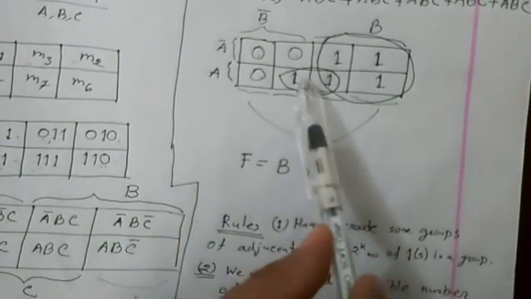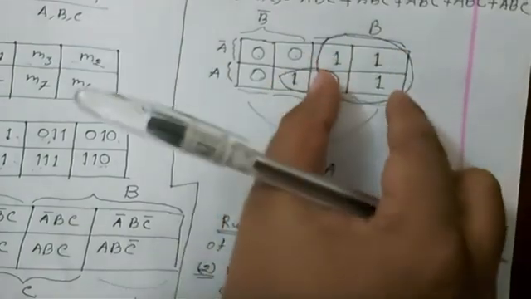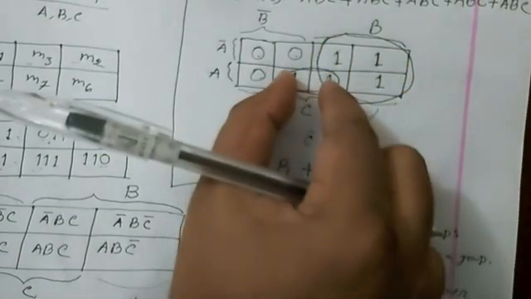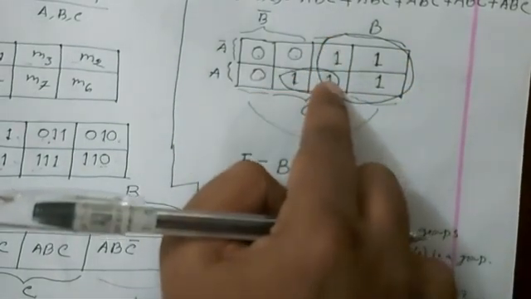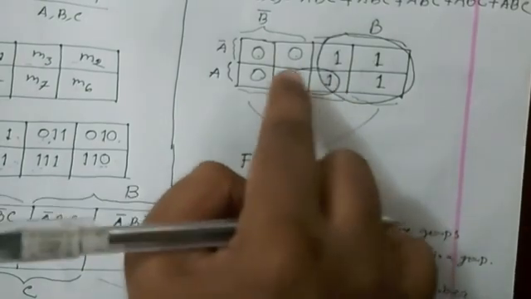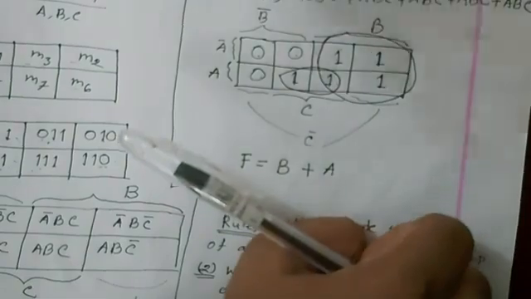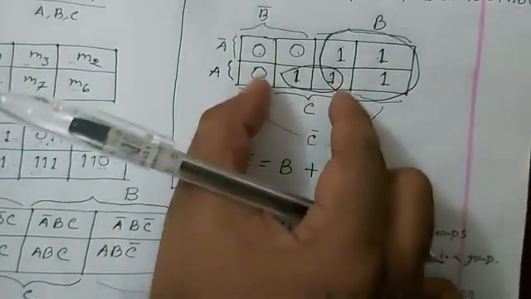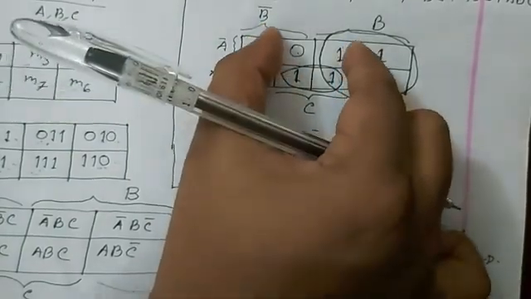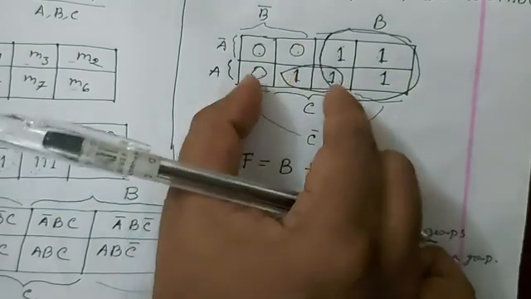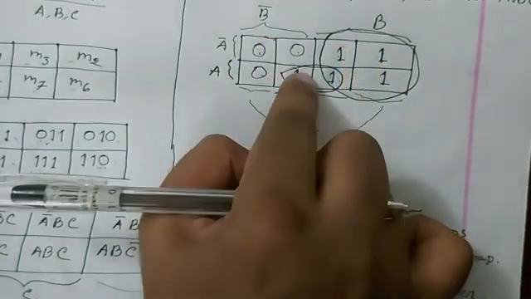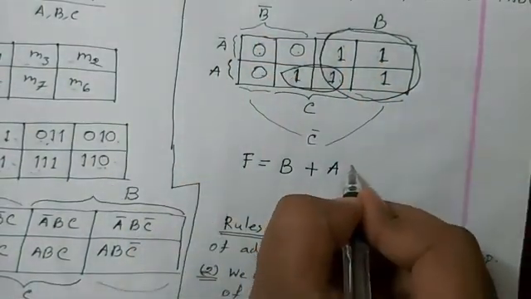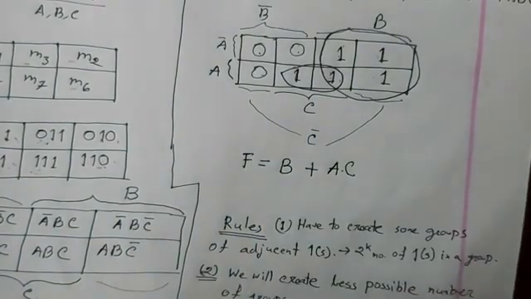Is this group inside B? B is this one. So this whole group is not inside B, only a portion, so we cannot take B. Same for B prime. Is this group inside C? Yeah, see, this is the portion for C, and this whole group is inside this portion, so we can take C also.